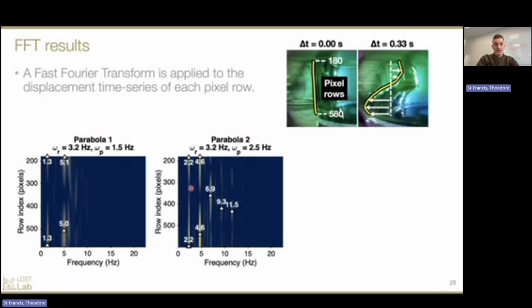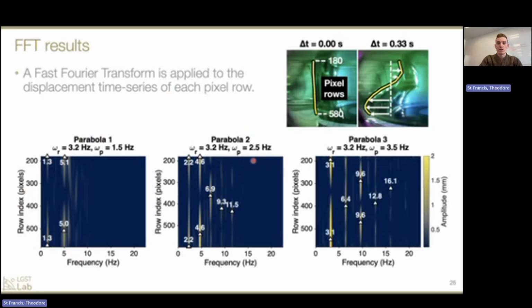That's very close to the 2.5 perturbation, which is what we would expect from the analytical solution for this, because the perturbation displacement is high enough that we're in a very nonlinear regime. We would expect to see higher harmonics of that fundamental perturbation frequency.